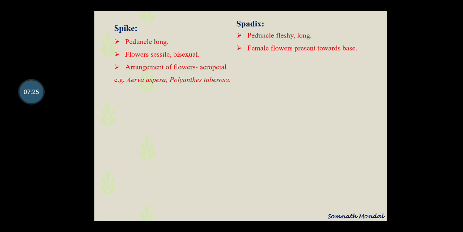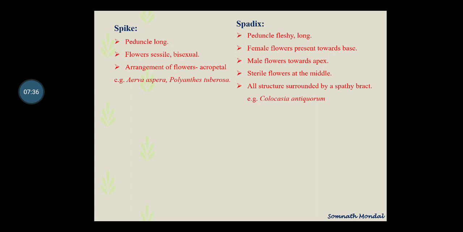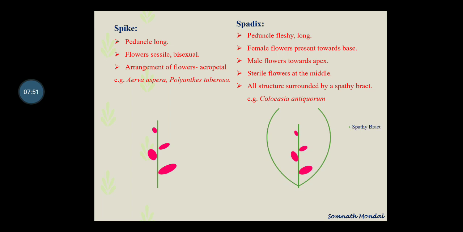Female flowers are present towards base, male flowers towards apex, and sterile flowers at the middle. And moreover, the whole inflorescence is surrounded by a spathy bract. Example, Colocasia antiquorum. So these are the figures. On the left, this is spike, and on the right, this is spadix that is covered by a spathy bract.